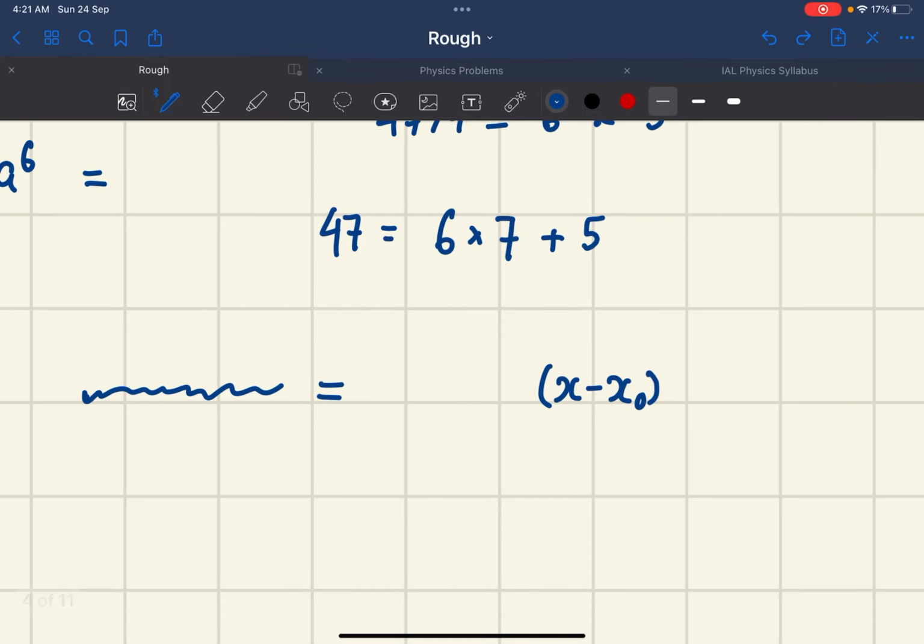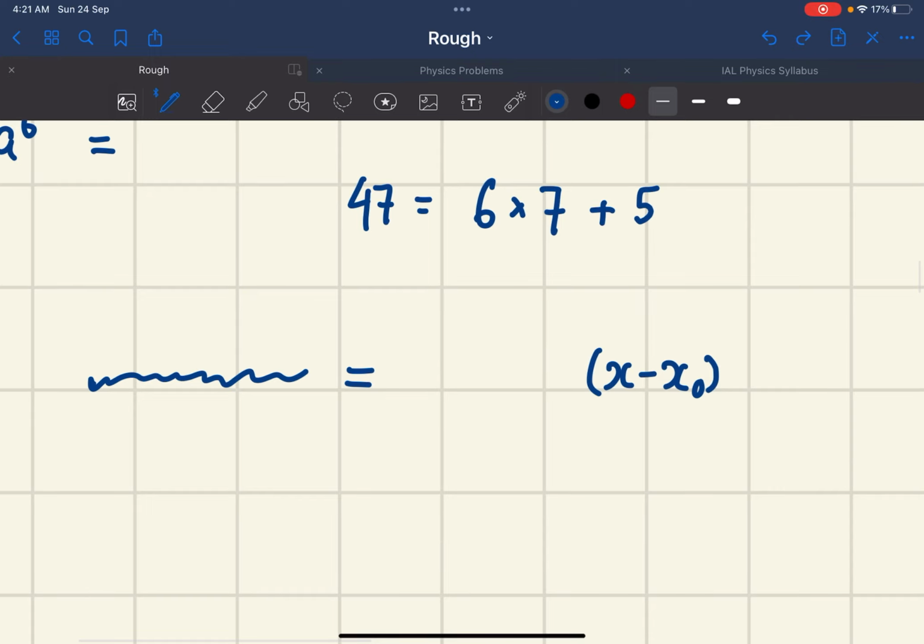So dividing a polynomial by, let's say, this linear polynomial is also the same method. We have the polynomial to be divided here. I'll give some numbers so that it makes more sense.